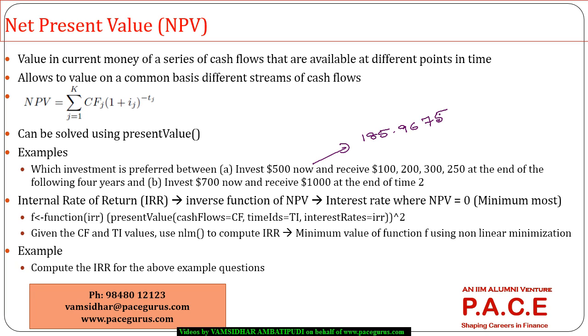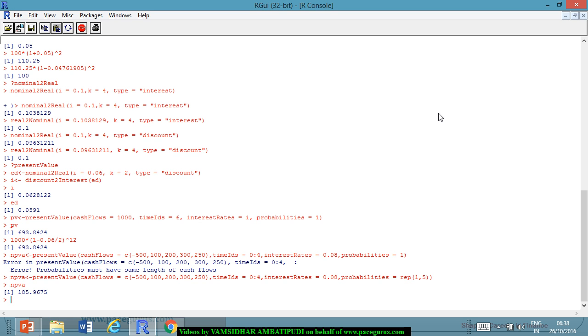Whereas now let me see project B, NPVB, just a quick revision. I am using the present value function. The cash flows this time, there are only two cash flows, remember. One is a negative cash flow of 700, then there is a positive cash flow of 1000.